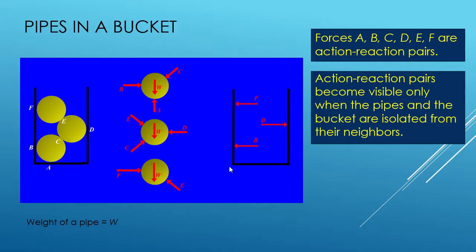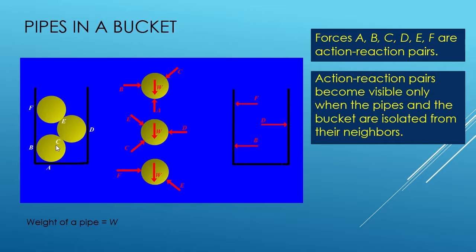Let's look at some other problems. For example, here we have a bucket, and inside the bucket we have three circular objects. The circular objects are in contact with each other and also are in contact with the walls of the bucket.